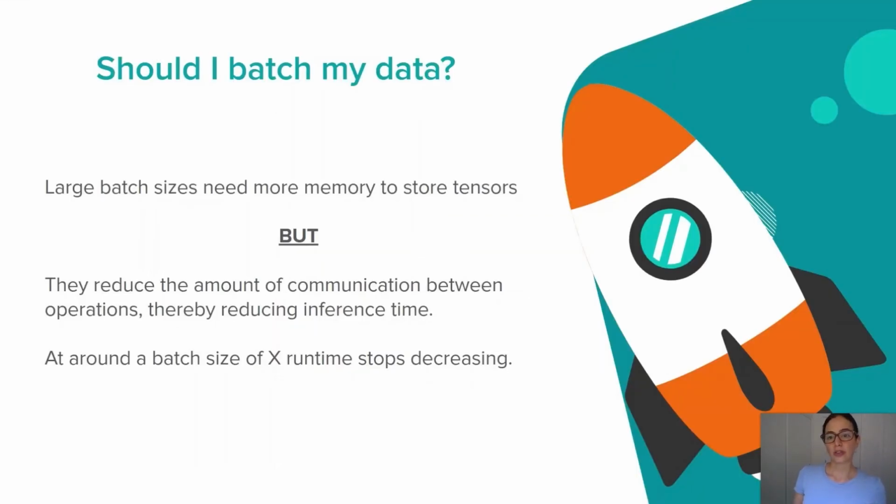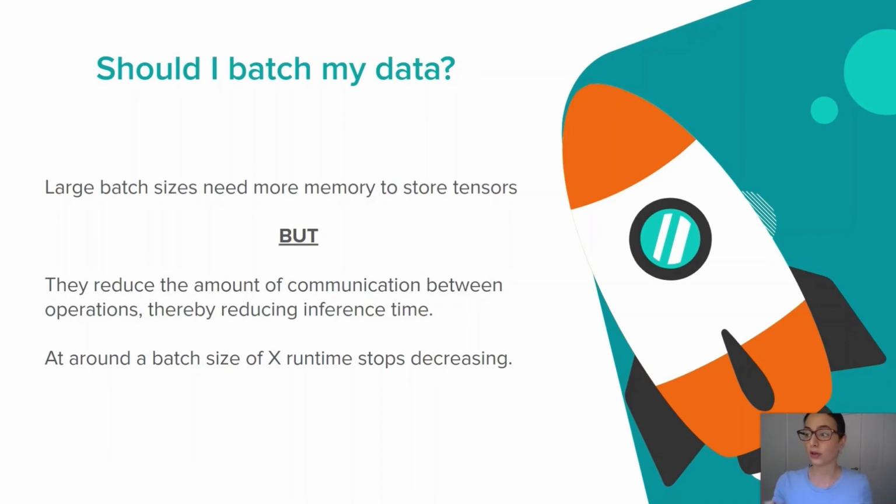And then another question that I get asked quite often is if it's better to batch the data in a bunch of images, or if it's better to make an inference on one image at a time. Of course, it really depends on the requirements of the project, but in my case, I find that large batch sizes need more memory to store tensors, and I think everyone agrees with that, but they reduce the amount of communication needed between different operations.